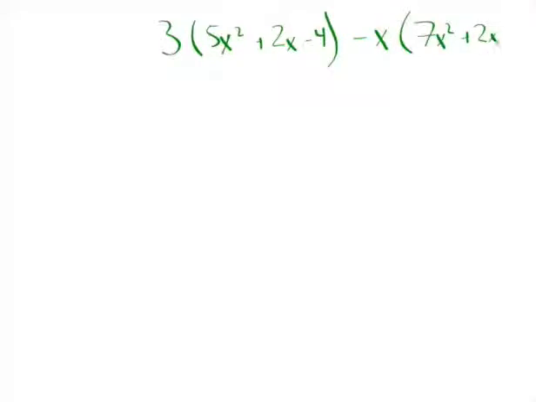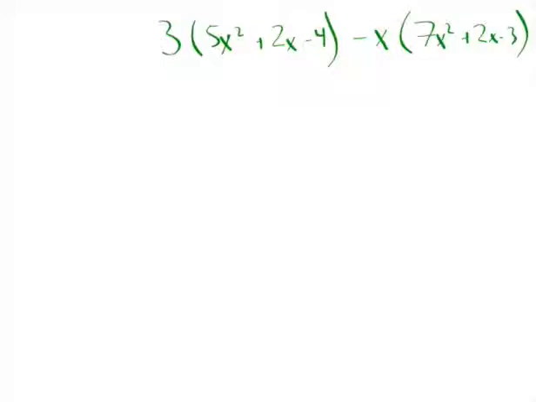We're going to have 3 on the outside of the parentheses, 5x squared plus 2x minus 4, minus x, open parentheses, 7x squared plus 2x minus 3, close parentheses.